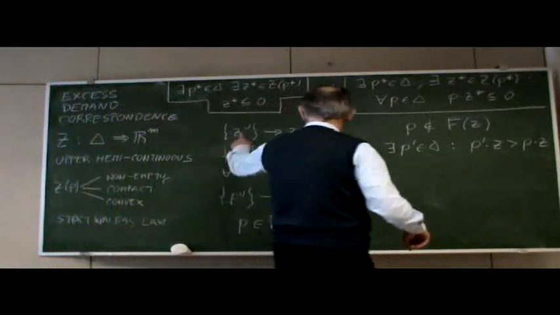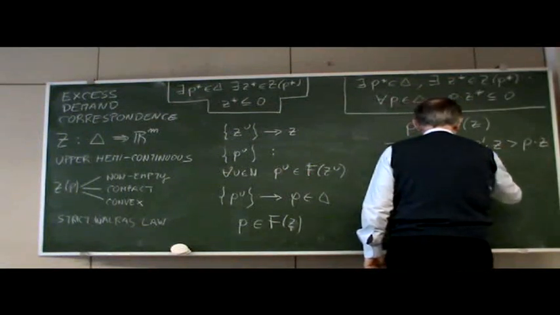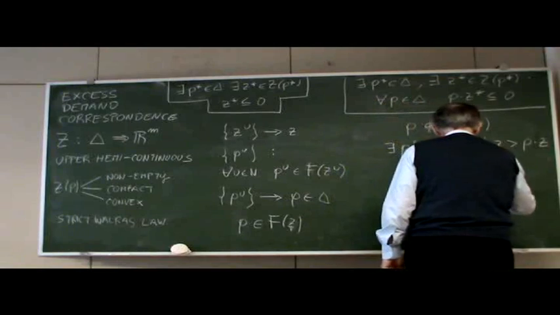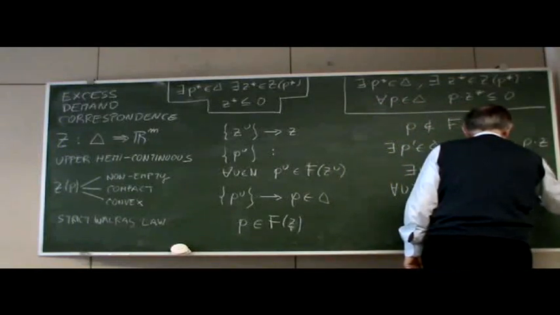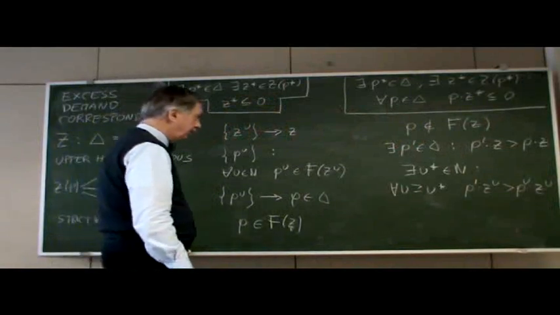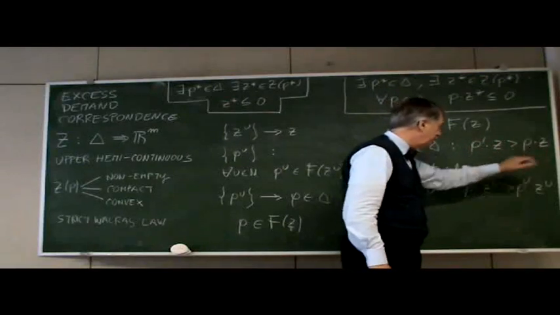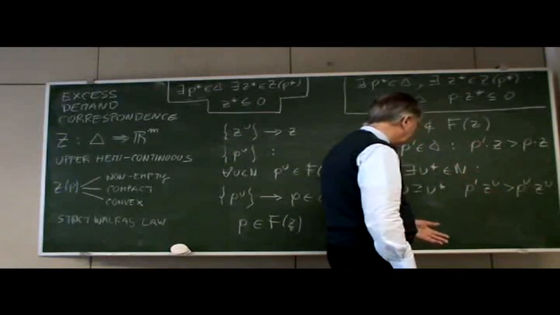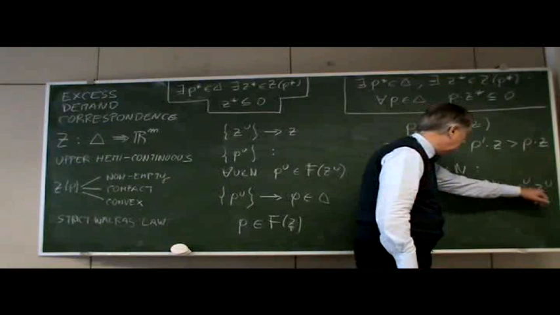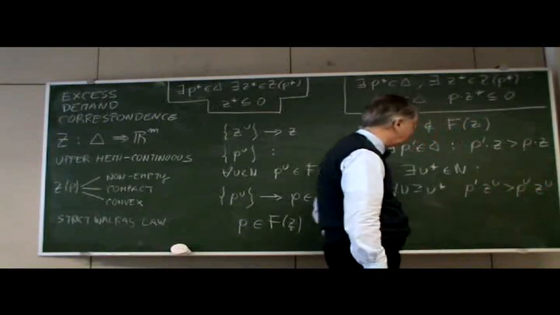But by continuity, since z_n converges to z, there exists an n star in N such that for every n greater or equal to n star, p prime times z_n must be larger than p_n times z_n. This simply by continuity of the linear product. If in the limit p prime gives to z a larger value than p, for n sufficiently great the same thing would be verified also for z_n and p_n, because p_n converges to p and z_n converges to z.